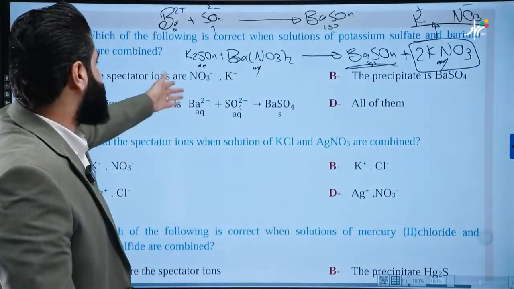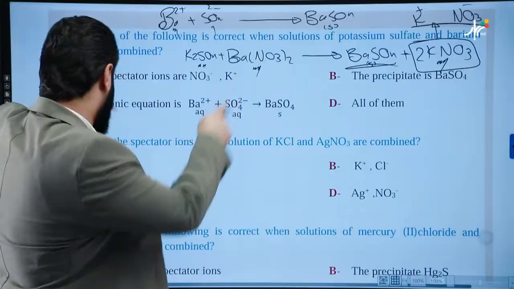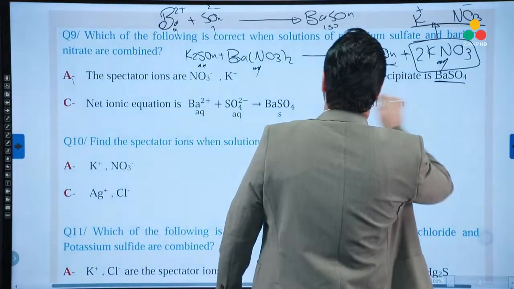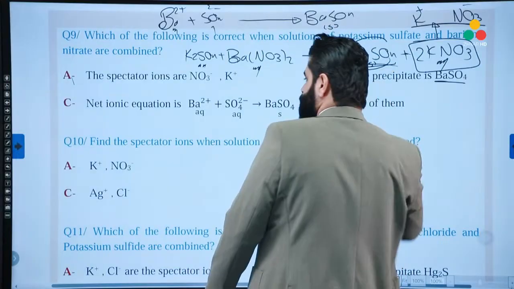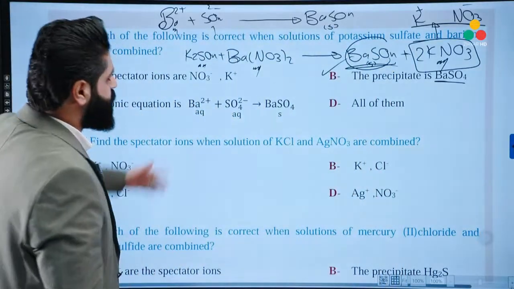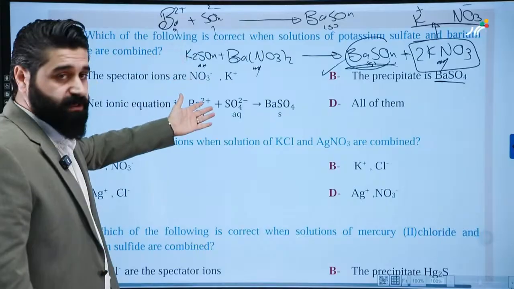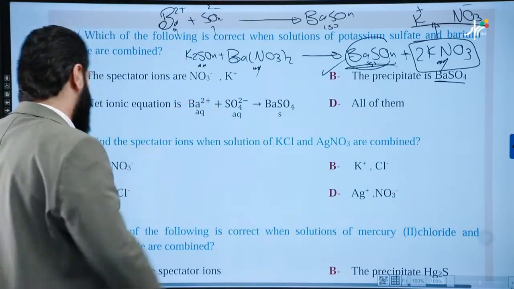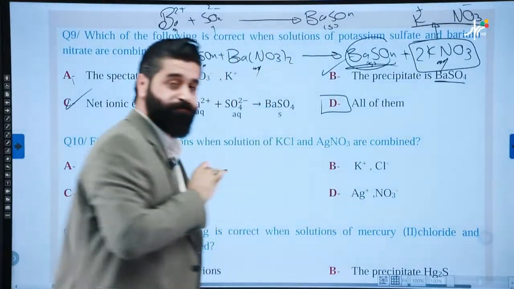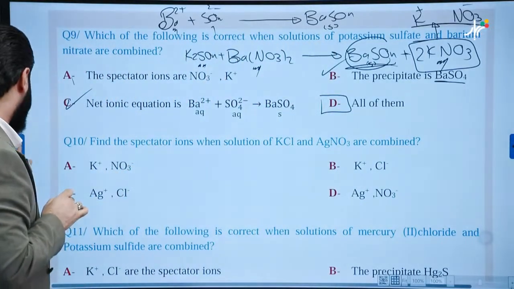The spectator ions are NO3 and K. True, this is correct. The precipitate is BaSO4. Yes, this is also true. Let's compare our net ionic equation with the question's net ionic equation. This is also true. The correct answer is D. Good. Next question.